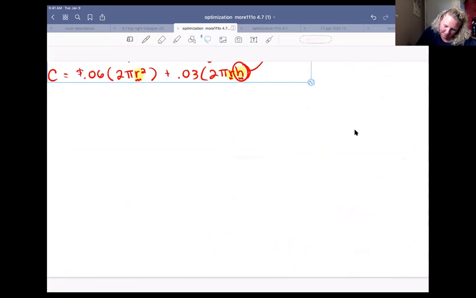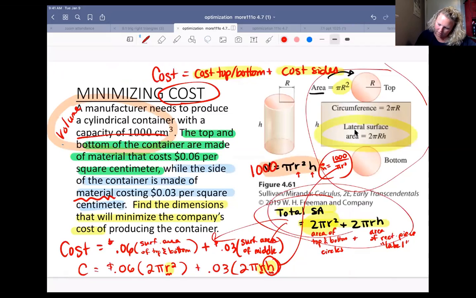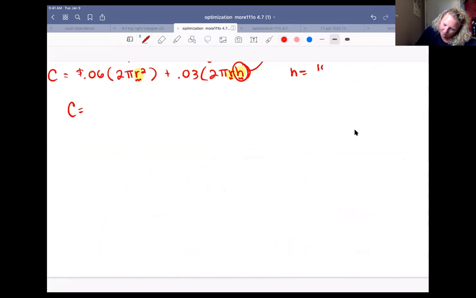Okay, so we decided that we would replace h with 1,000 over pi r squared, from the fact that our volume, pi r squared h, was 1,000. Again, I know you have it, but pi r squared.